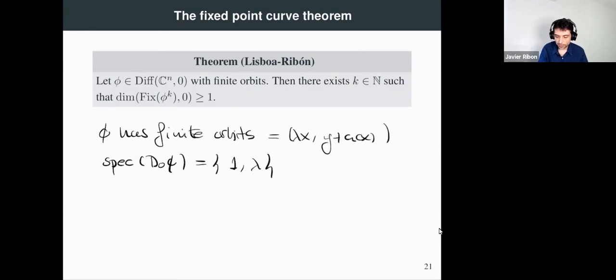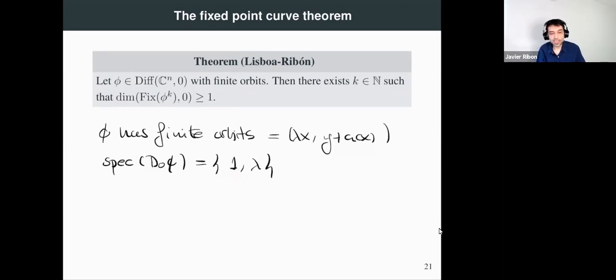So the linear part is this one, and the eigenvalues are lambda and 1. What we want to see is whether finite orbits for phi implies finite orbits for the linear part. That's not true, okay? Because we have examples in which one of the eigenvalues is not a root of unity. But we always find examples in which one of the eigenvalues is a root of unity. Indeed, in this example, exactly equal to 1.